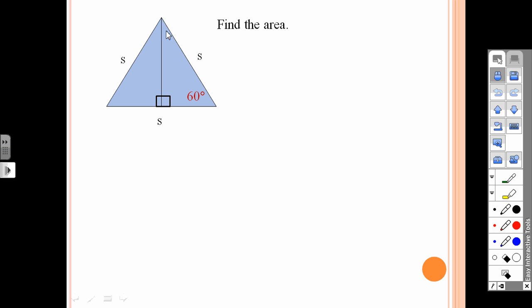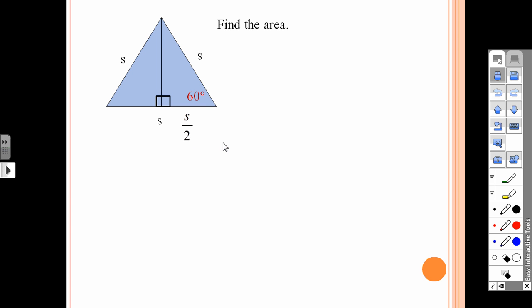Either you remember that when you drop down the altitude, it's going to split this base in half, or looking at your 30, 60, 90 triangle, S is the hypotenuse, and this is the side opposite 30. So this little side is half of the hypotenuse. So either way that you want to think about it, we know that this is S over 2, or half of S.